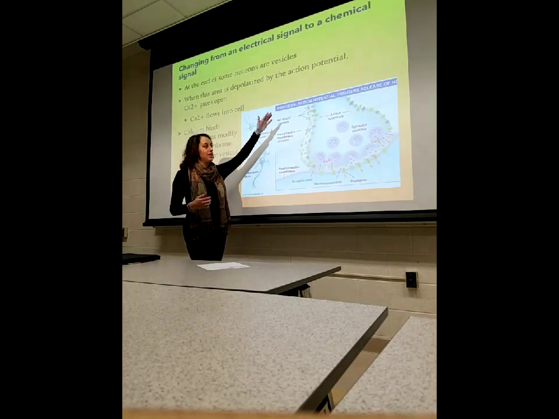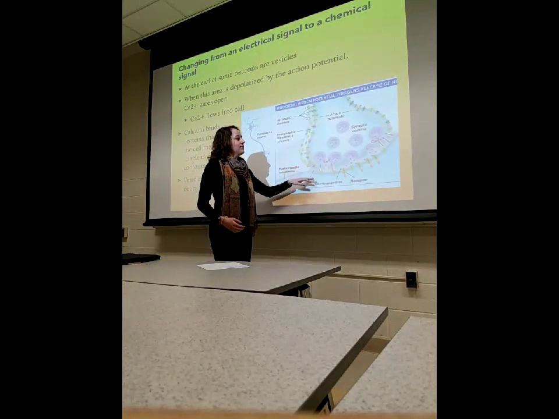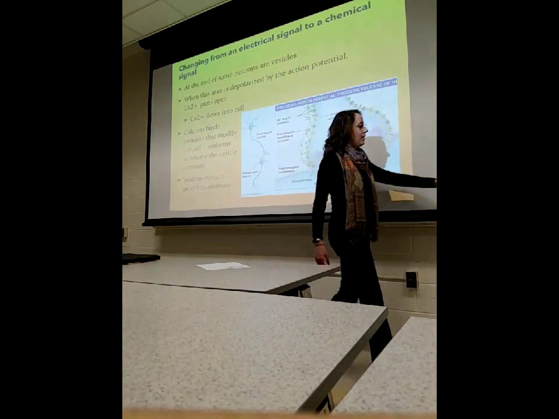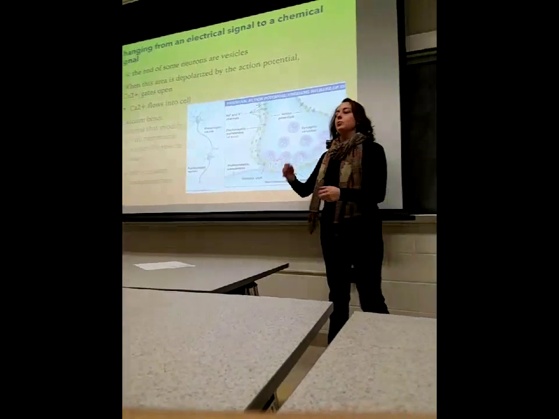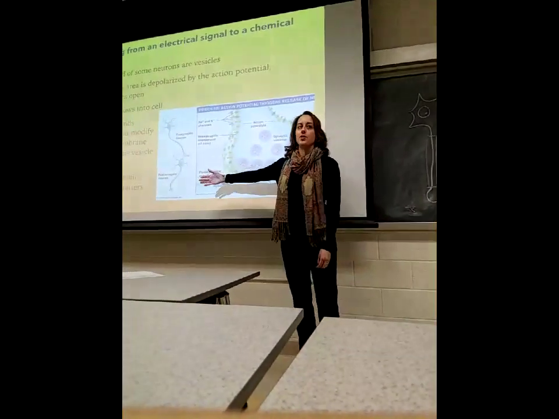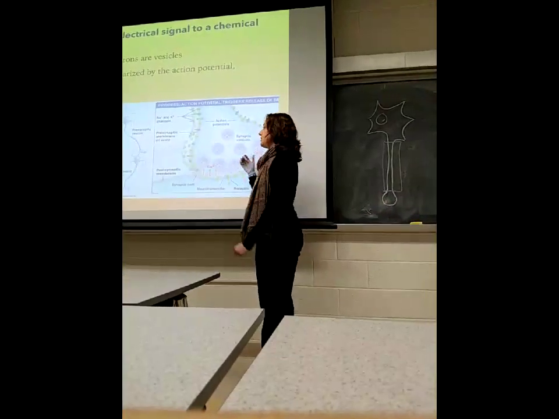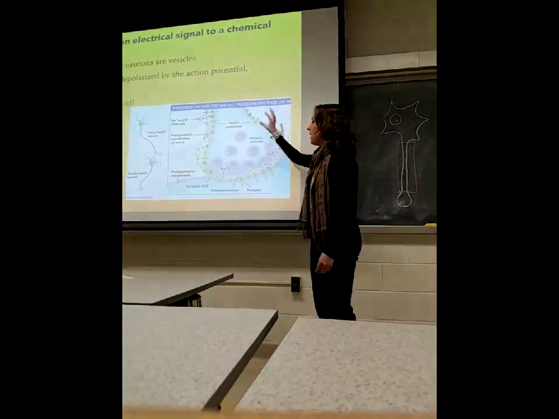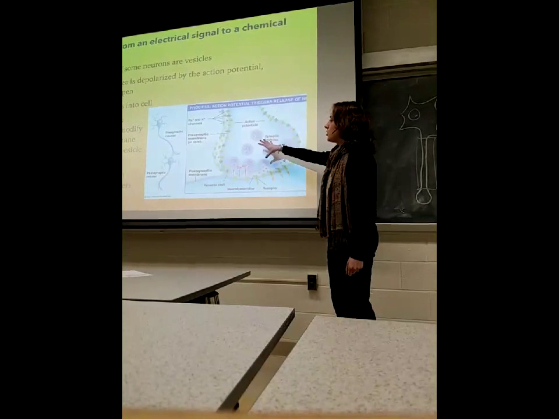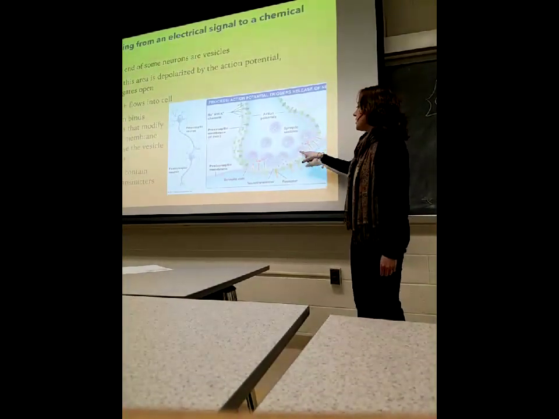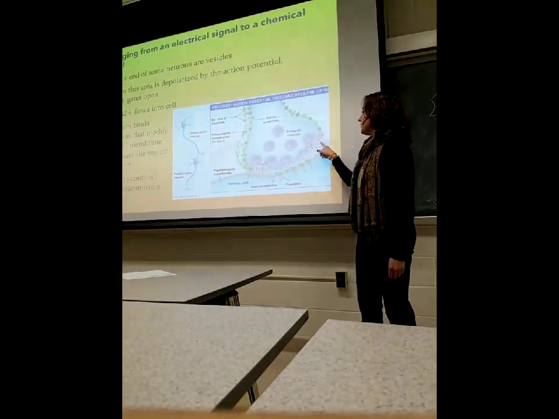So we have the action potential moving down the cell, and at the end of the cell, the little foot-like thing here, we can't pass on the action potential anymore because there's no more cell membrane. Instead, the positive charge on the inside of the cell stimulates these channels at the end of the cell.